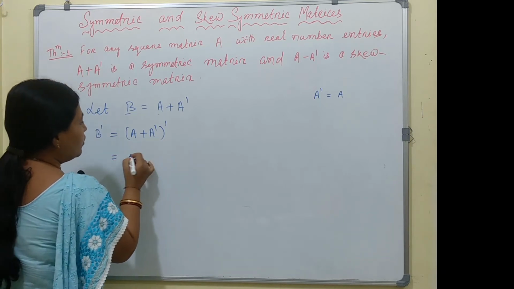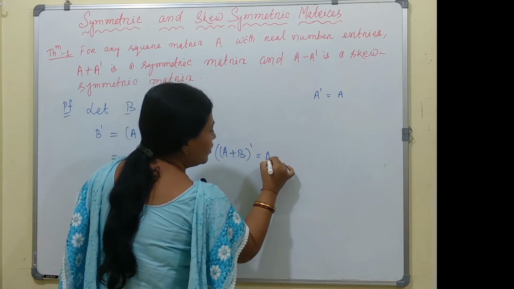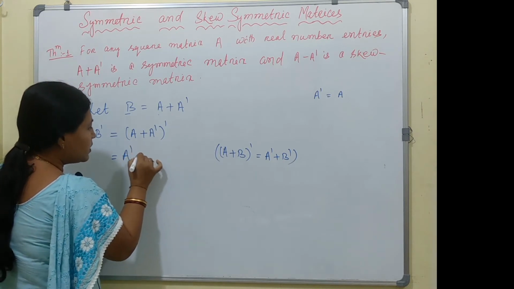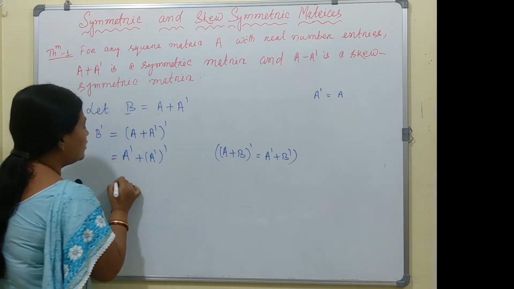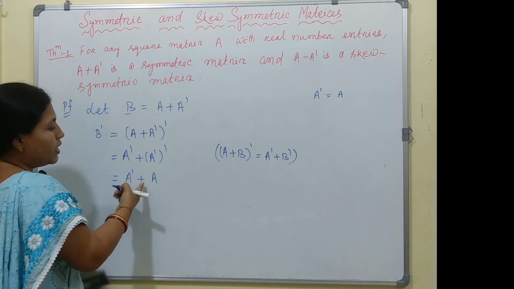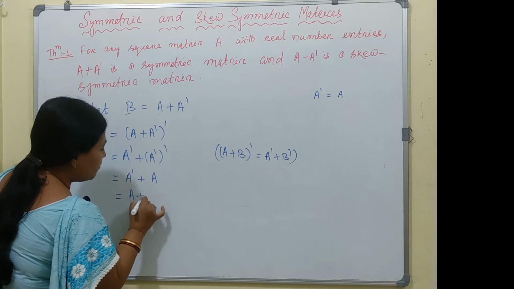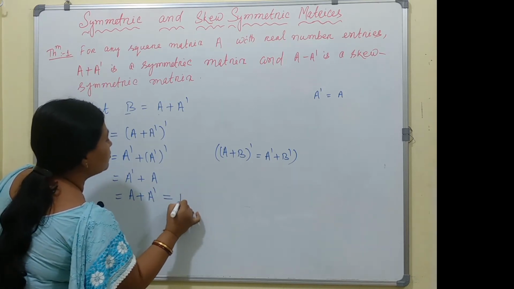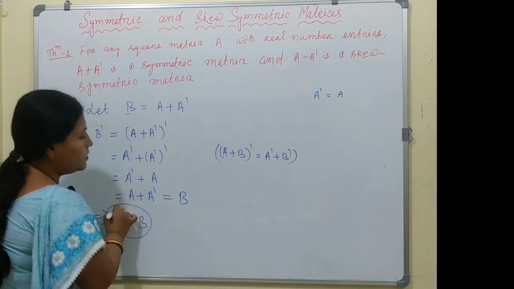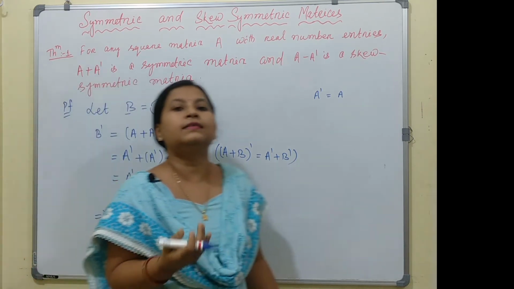We already know that A plus B whole dash is equal to A dash plus B dash. So we can write A dash plus A dash of dash. That is equal to A dash plus A. We know that matrix addition satisfies the commutative rule. So we can write A plus A dash, that is equal to B. That implies B dash is equal to B. So B is a symmetric matrix. That means A plus A dash is a symmetric matrix.